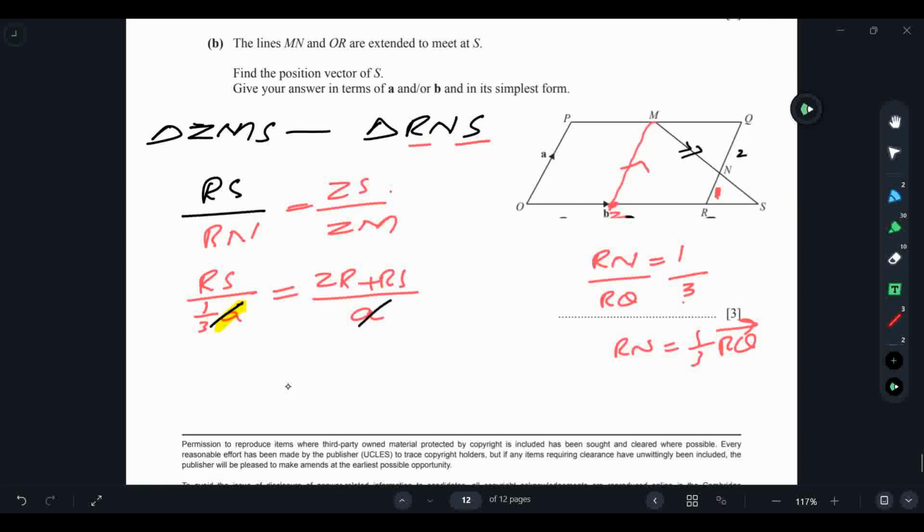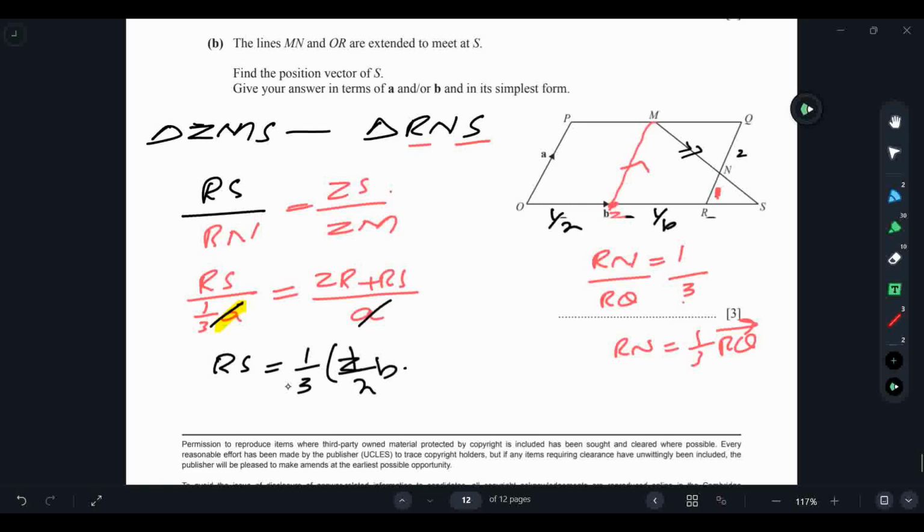So we can write it as RS is equal to 1 by 3 into ZR. ZR will be half of B, because this one is B, so half of B over here and half of B over here.